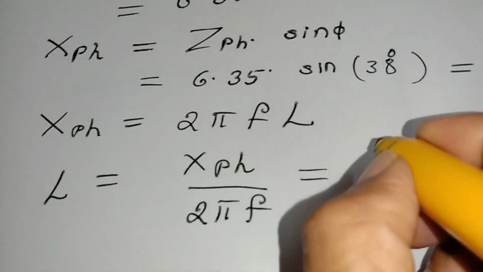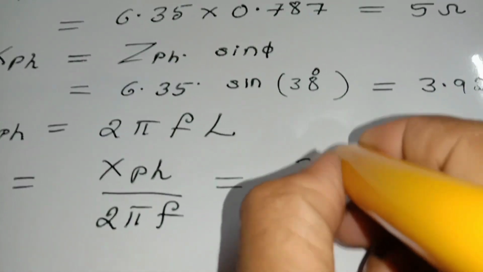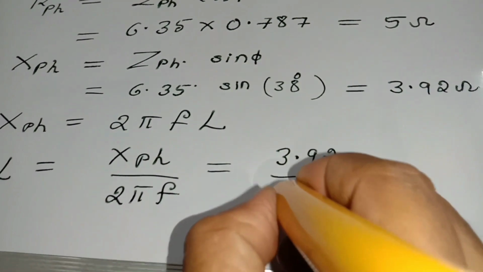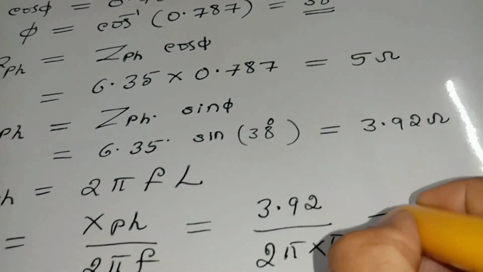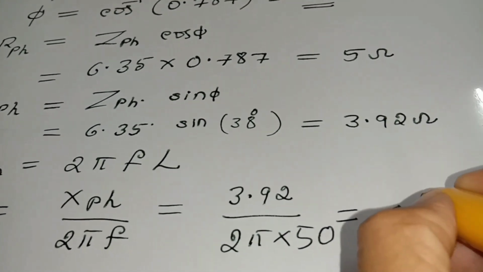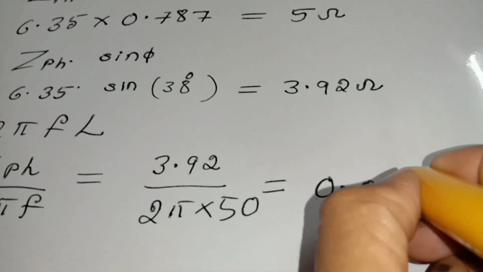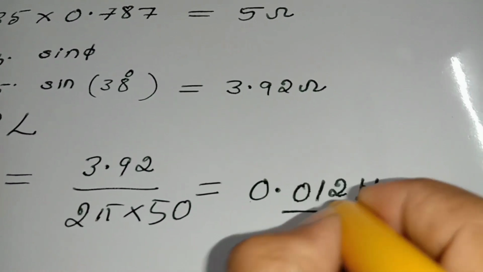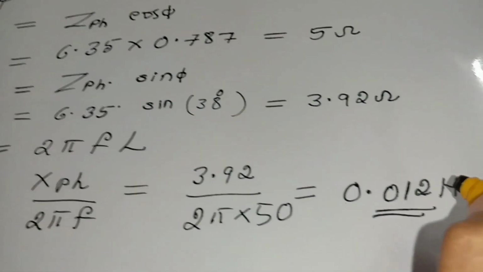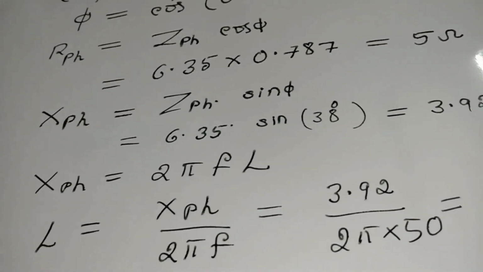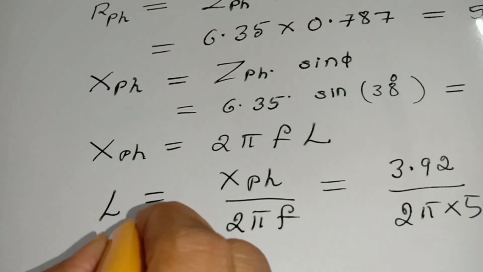Now you substitute XPH is 3.92 divided by 2 pi into 50. You will get it as 0.012 Henry. So we got the circuit element XL. Then from that we have to find out L. Here L is nothing but inductance per phase.